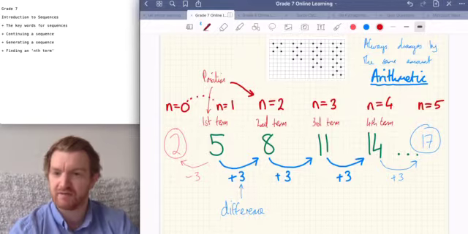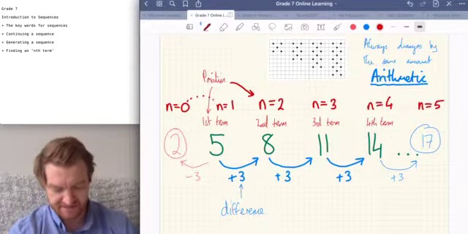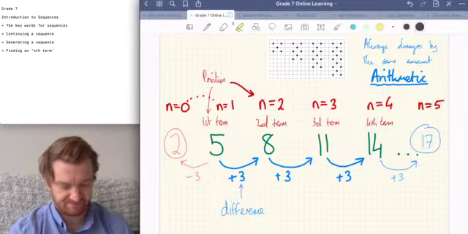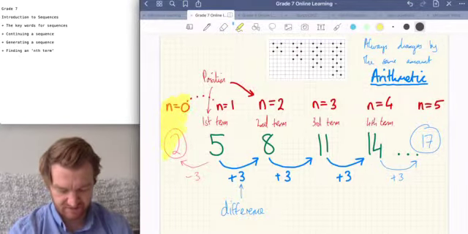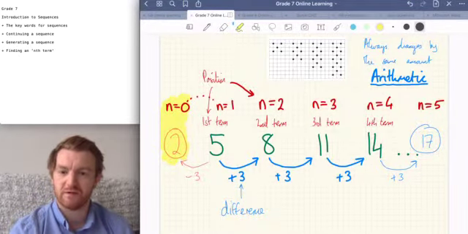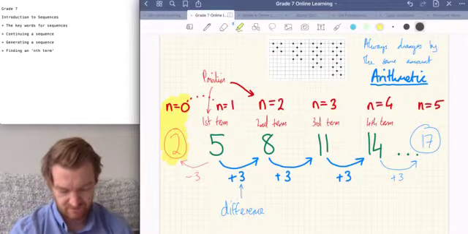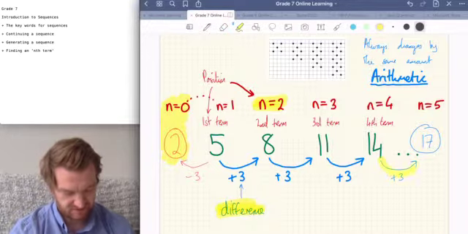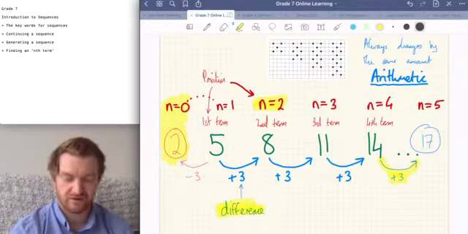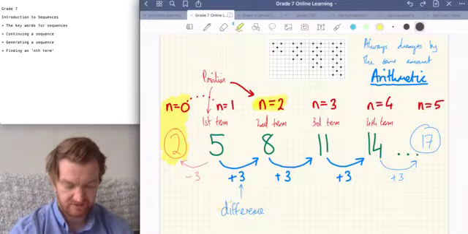You don't have 0th place. But in maths, this is quite an important number. So in our sequences work, we're going to also see a lot of talk about n equals 0. We're going to talk a lot about position, differences, continuing, but also n equals 0.